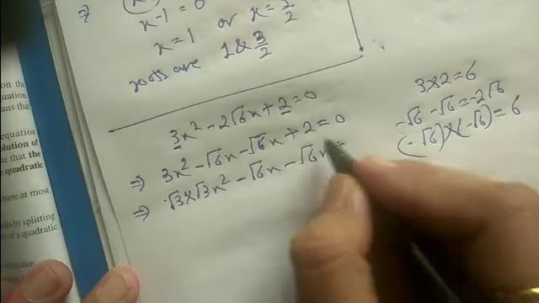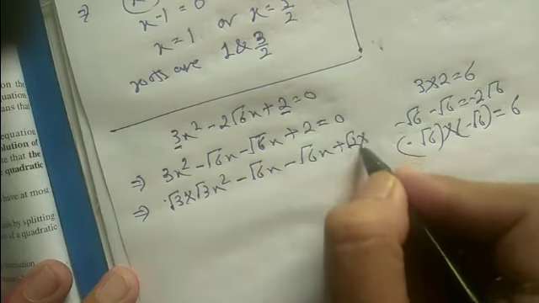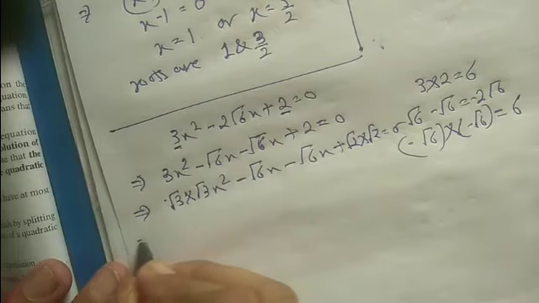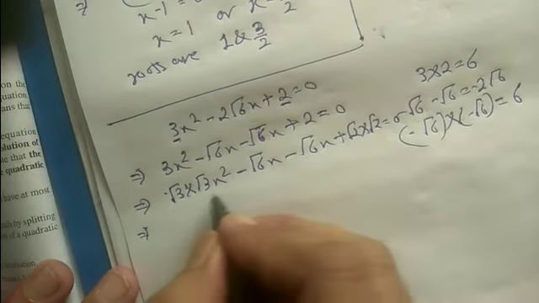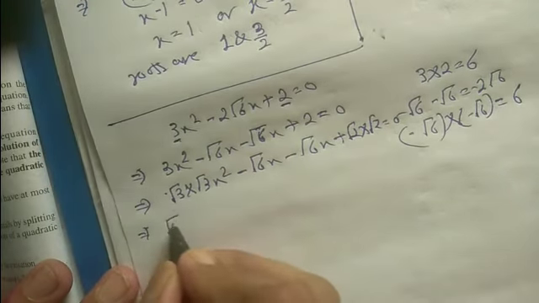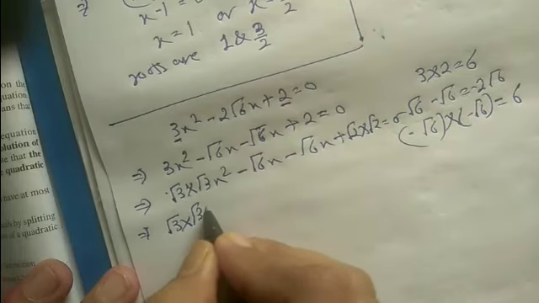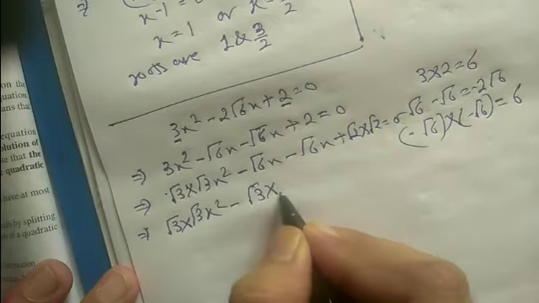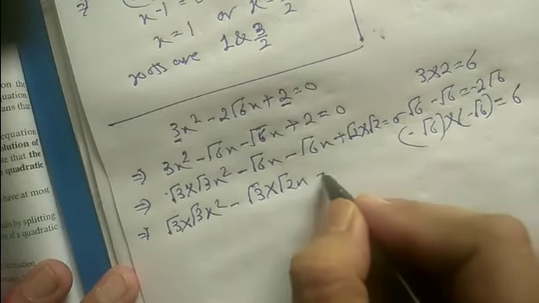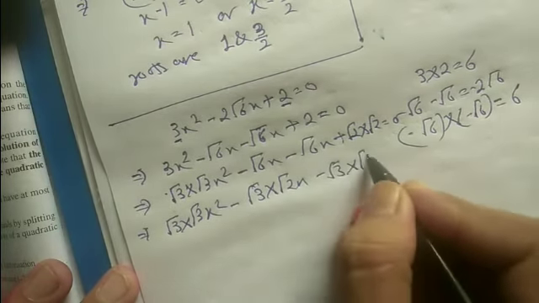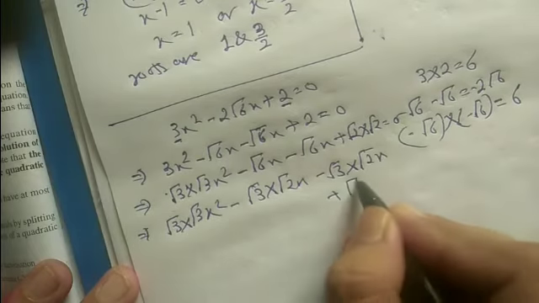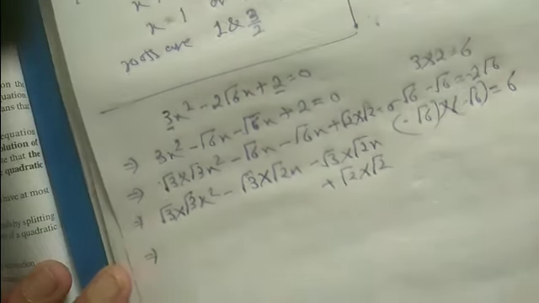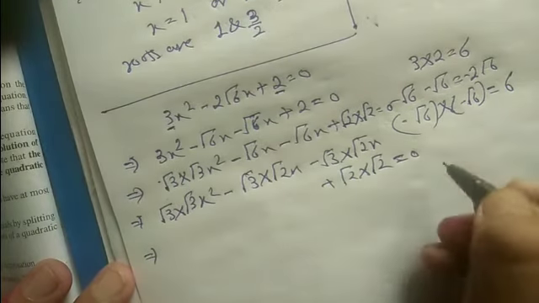Then this 2 can be written as root 2 into root 2 is equal to 0. Again we can't take common like this, so we further write root 3 into root 3x square minus root 3 into root 2x, same here, minus root 3 into root 2x plus root 2 into root 2, equal to 0.